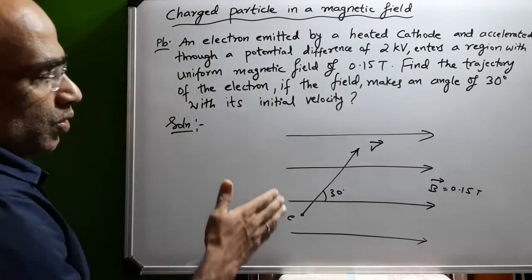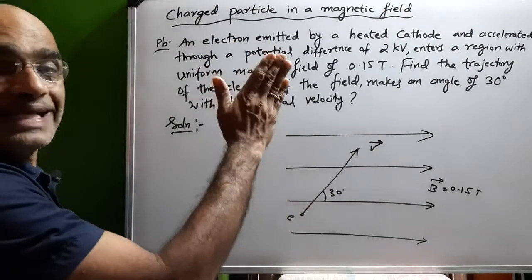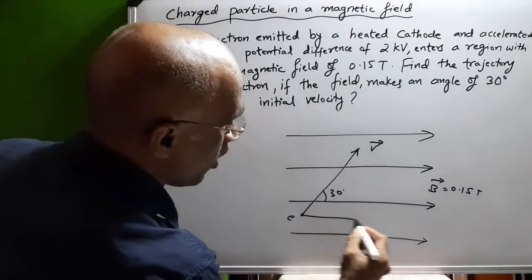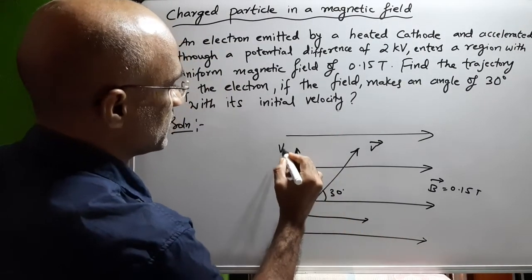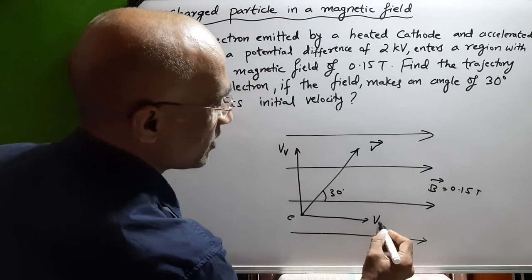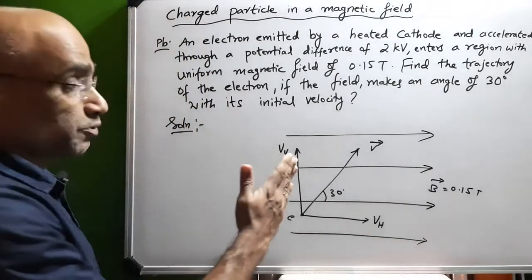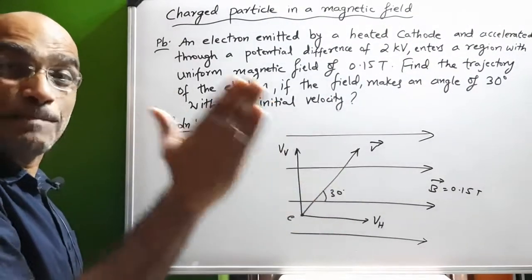Now we know that when it enters at an angle, we have two components to be resolved, that is the vertical component of the velocity and the horizontal component of the velocity. Had it entered at a right angle, we could quickly apply the right hand palm rule.